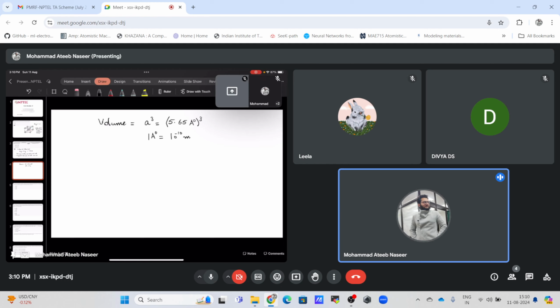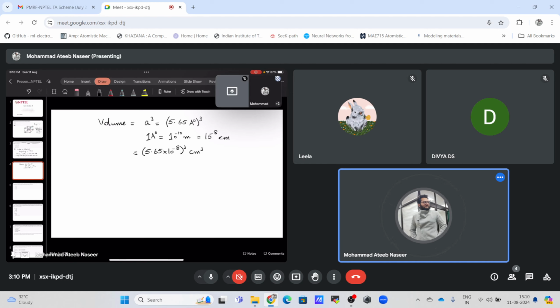So in total the volume is 5.65 times 10 to the power of minus 10, raised to the power 3, meter, but we need to find it in cubic centimeter. So let me use 10 to the power of minus 8 centimeter, since we require the answer in centimeters. So I will write here centimeter cubed.